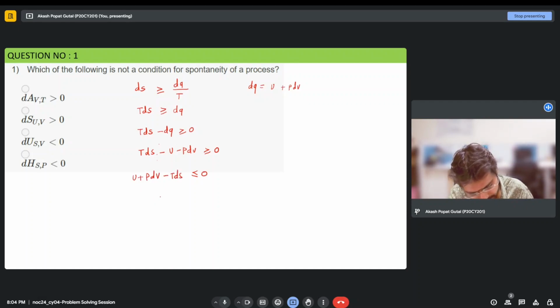The condition for spontaneity we can get from this equation is dU, sorry for that, it should be dU. dU must be less than 0. This will be the condition for spontaneity.